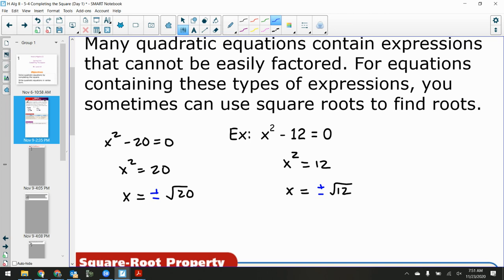Like if I had x squared minus 4 equals 0, what numbers could I plug in for x to make that true? You could say 2 or negative 2, because if I square negative 2, I get positive 4. 4 minus 4 is 0. So there are two different solutions, either the positive or the negative version of that number.